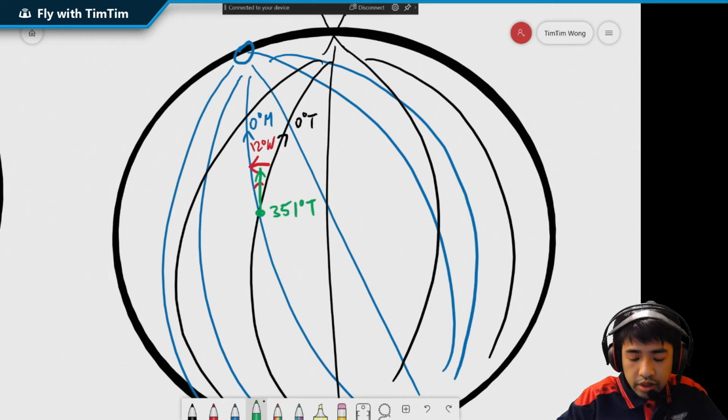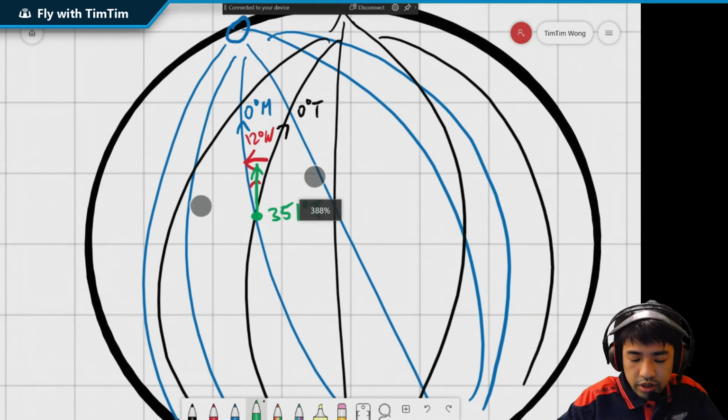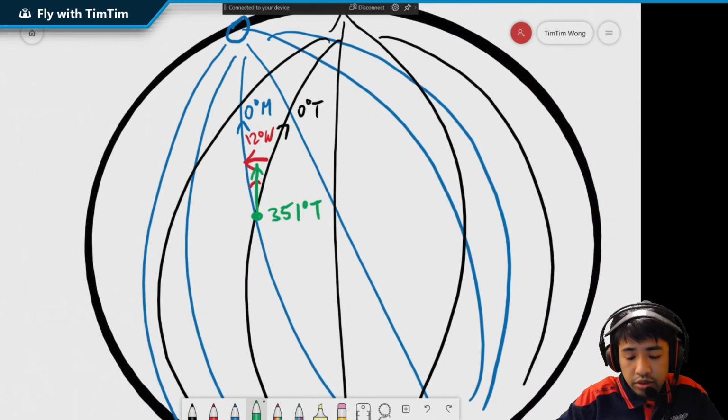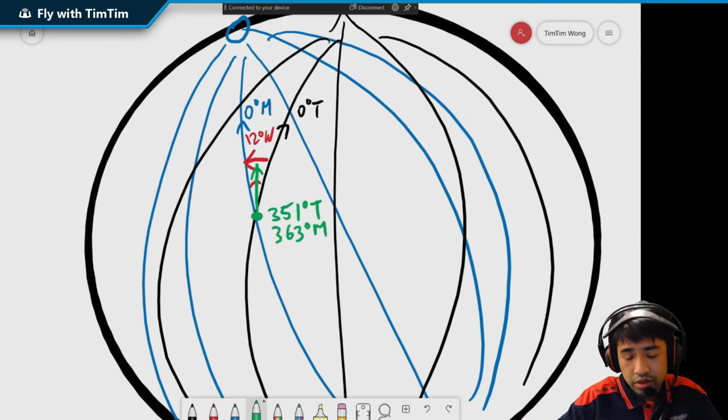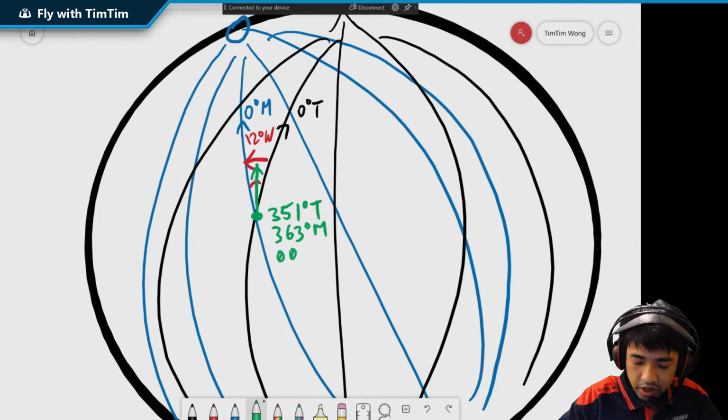If you look at it here, it's very obvious that it's not to subtract 12, but to add 12 to 351. 351 plus 12 is 003 degrees magnetic. Or if I skip that step, it's actually 363, which obviously becomes 003 magnetic.